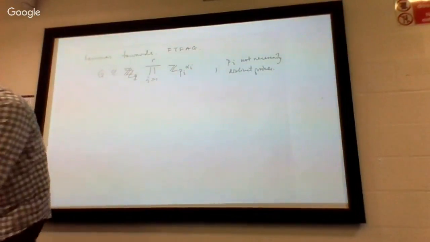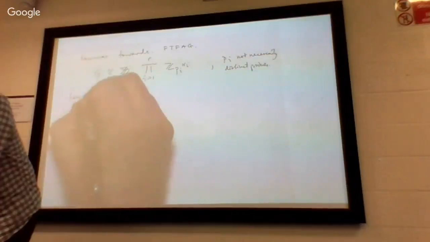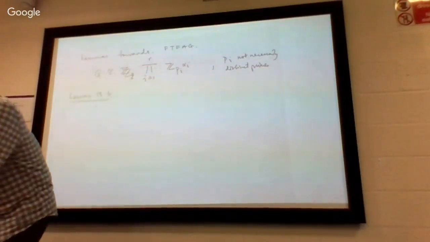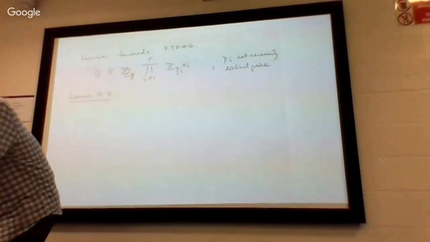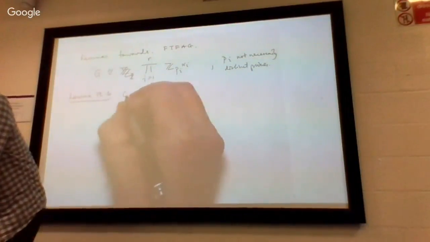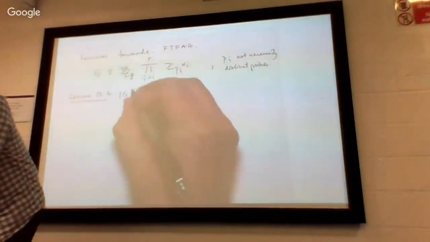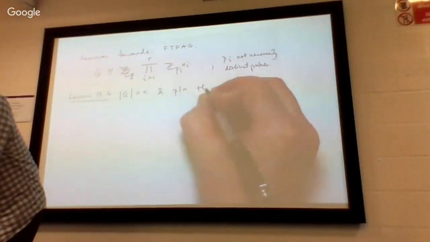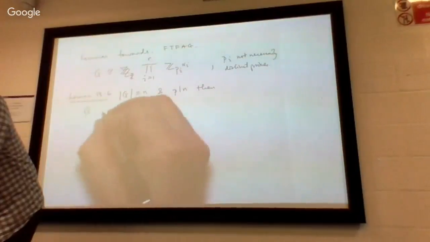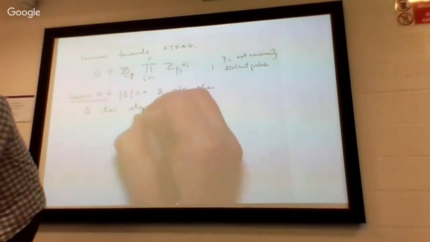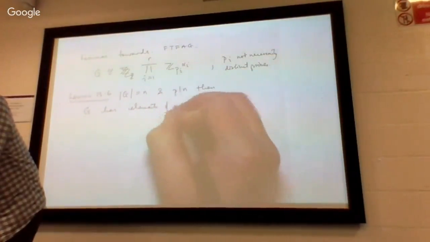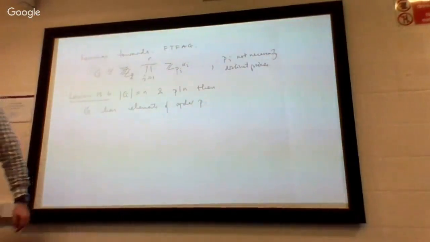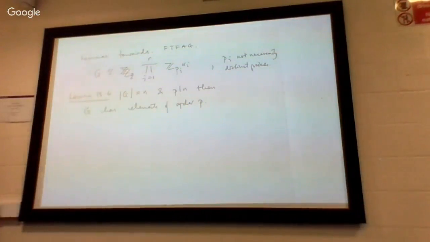We've already seen lemma 13.6. That is what we proved last time. So G is always a finite abelian group. The order of G is equal to n. If p divides n, then G has elements of order p. It has at least one element of order p.